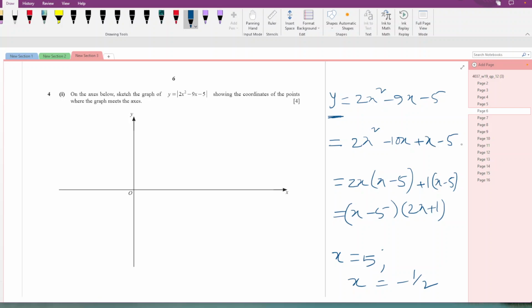Therefore, this graph cuts the x-axis at points (minus half, 0) and (5, 0). Now consider values of x greater than 5, y is positive.